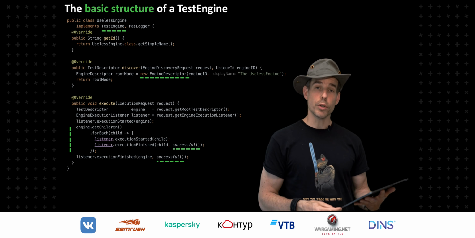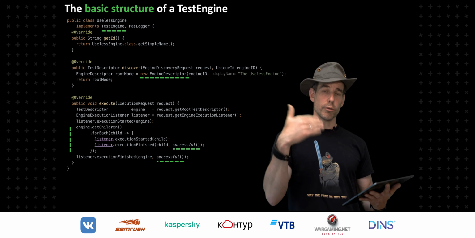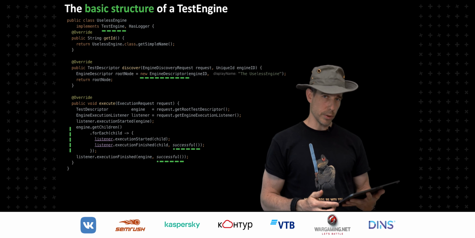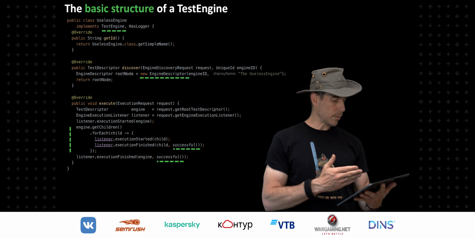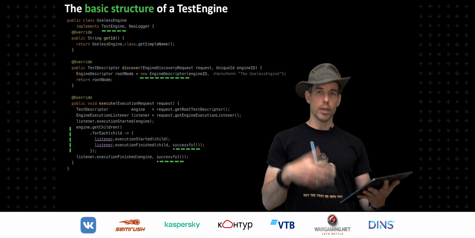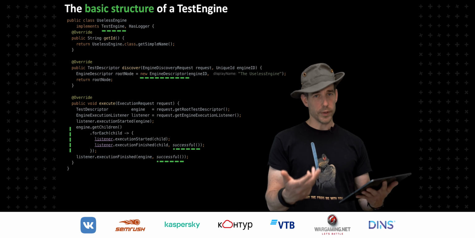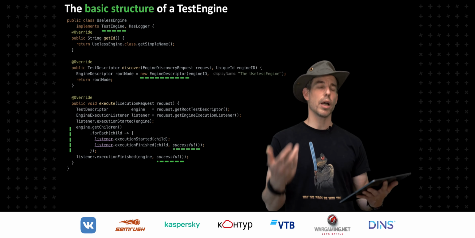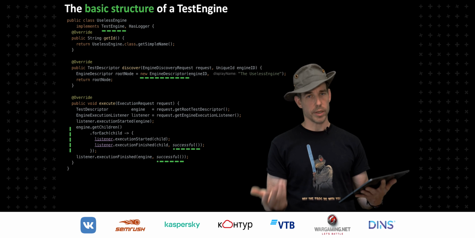And then what you should do is, before you're going from one level to the next level inside your execution plan, just say to this listener, for example, I start executing now this level, and after this one is done, I'm done with this, and this was a success, yes or no.